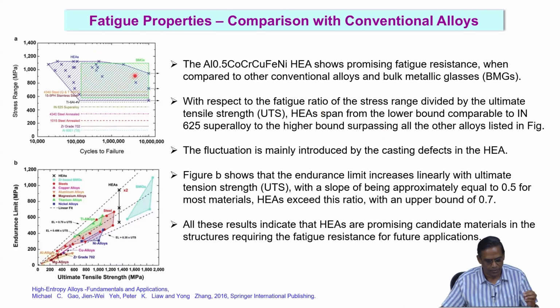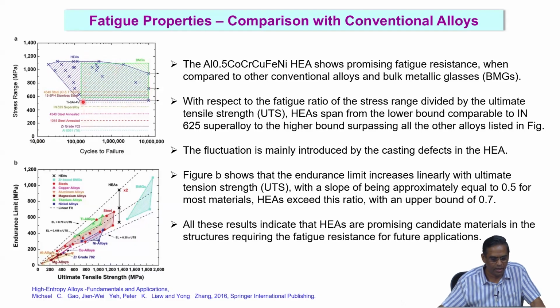So with that kind of data, we are trying to compare with the conventional alloys. What we are seeing in this plot is the HEA domain, hatched region, where all the data points are, and the bulk metallic glass is marked in the green domain here, and all the traditional materials are here.